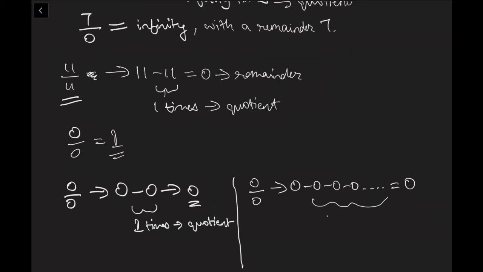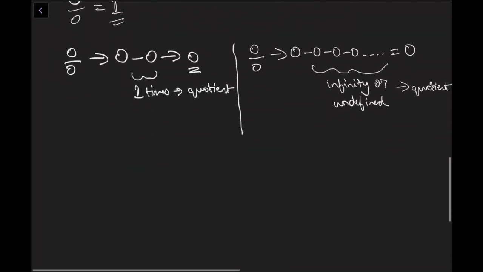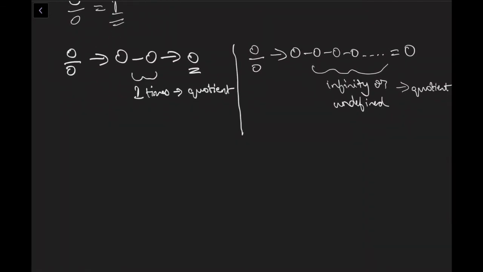And that literally means infinity times, or it's undefined, and that's going to be our quotient. And that brings us to the conclusion that any number divided by 0, including 0, is going to be undefined.